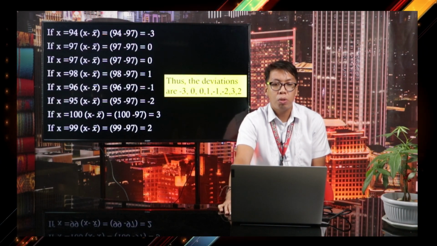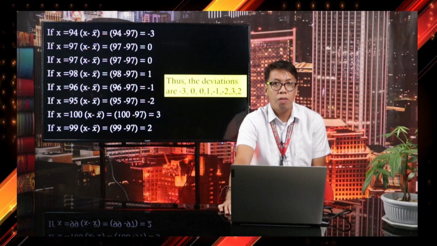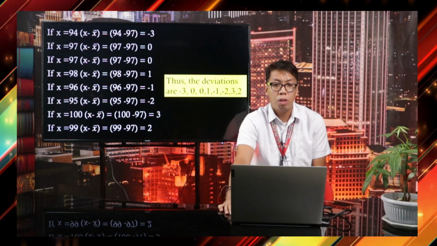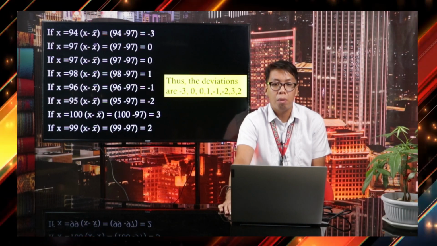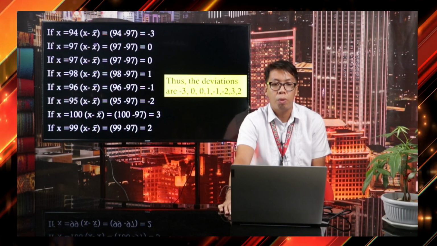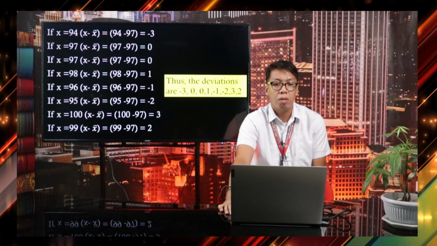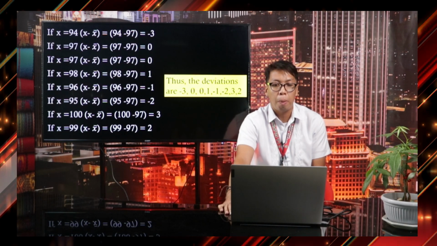If x is equal to 94, then 94 minus 97 is equal to negative 3. If x is equal to 97, then 97 minus 97 is equal to 0. 97 minus 97 is equal to 0 again.